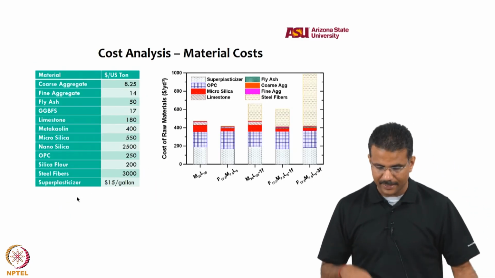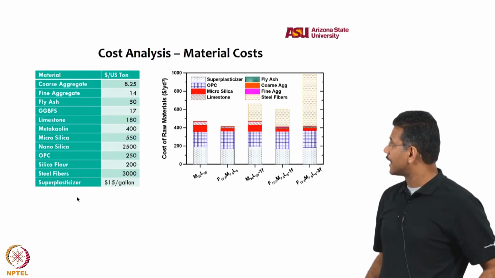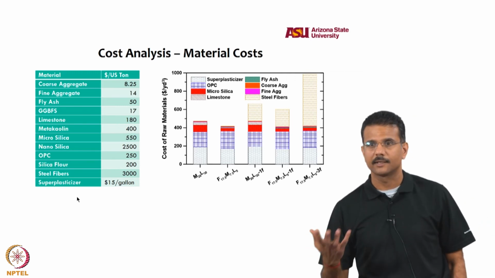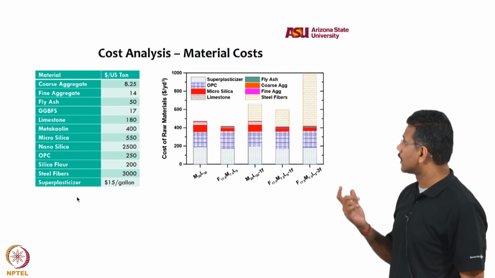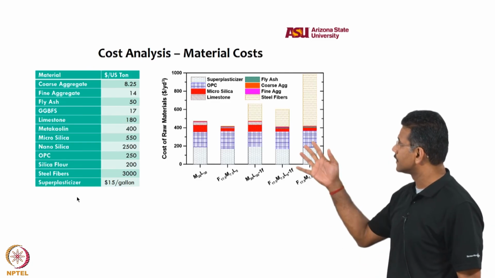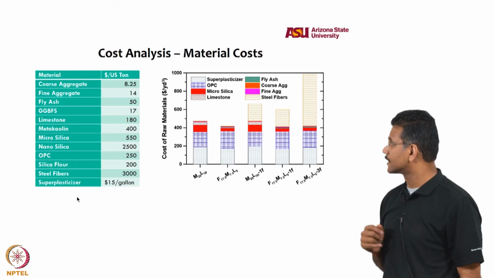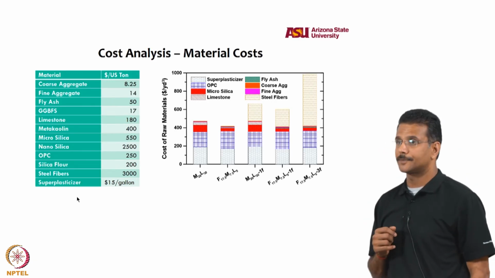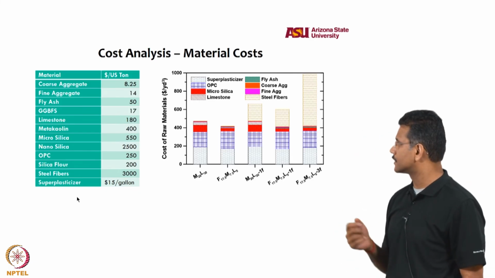And then cost analysis, just to give you an indication of costs, with different values in dollars per US ton. A US ton is 2,000 pounds, not 100,000 kilograms. So you see the cost of all of those materials per 2,000 pounds. Silica fume, nano silica if you have it, and fibers are the most expensive components, with $3,000 per 2,000 pounds of fibers, $1.50 per pound, reasonable.